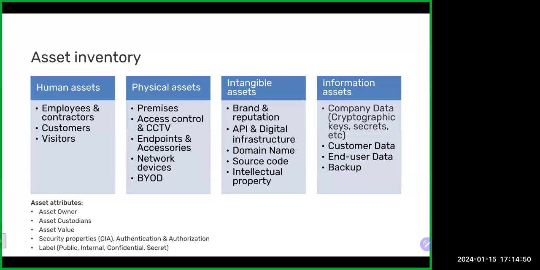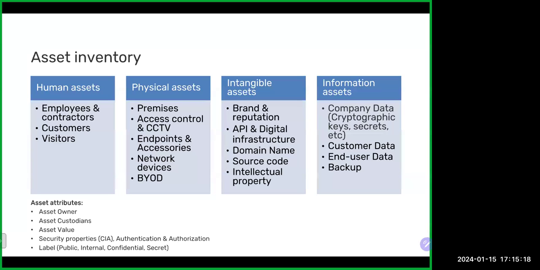The owner is the person who is responsible for the governance, but the custodian is usually the person who allows or confirms that someone can or cannot access, as the name suggests. The value here is something that we can estimate. It's not necessarily only the monetary value, but more than that: if that asset is impacted, how is our revenue as an organization impacted.